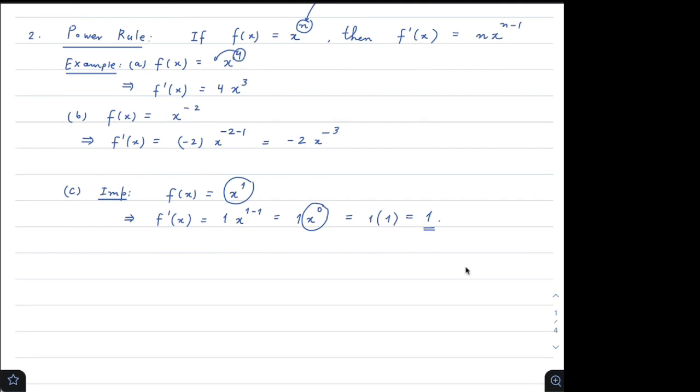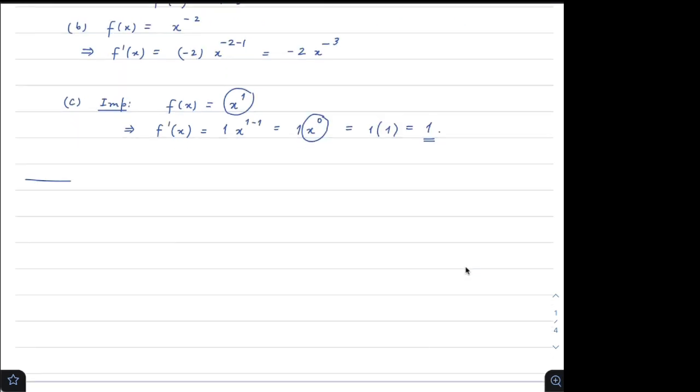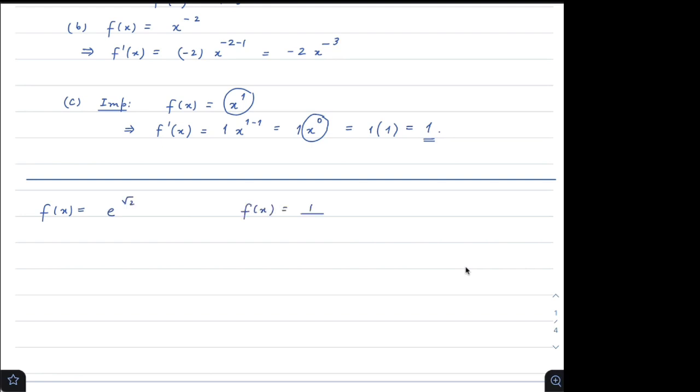Okay, now let's test you on these two rules. Give me the derivative of the following. Let's try the first one.